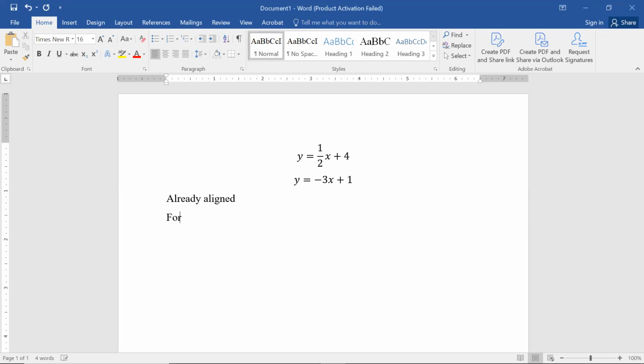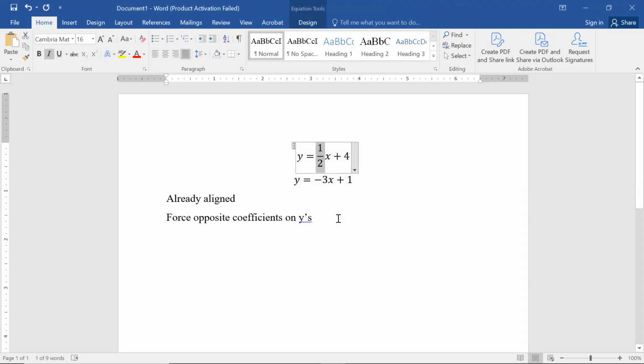So now we're going to force opposite coefficients. Let's force opposite coefficients on the y's, just because I don't want to have to deal with this fraction.